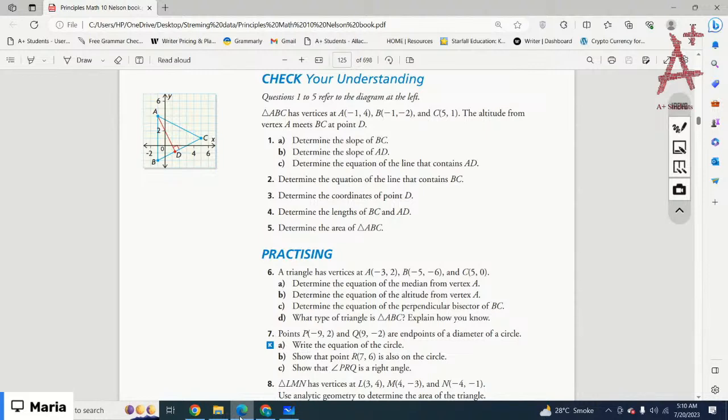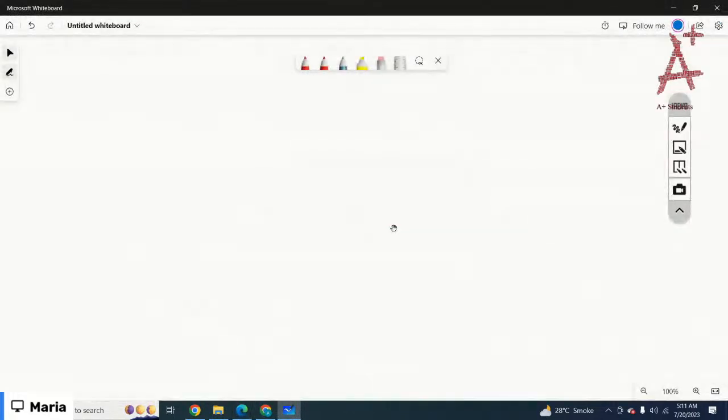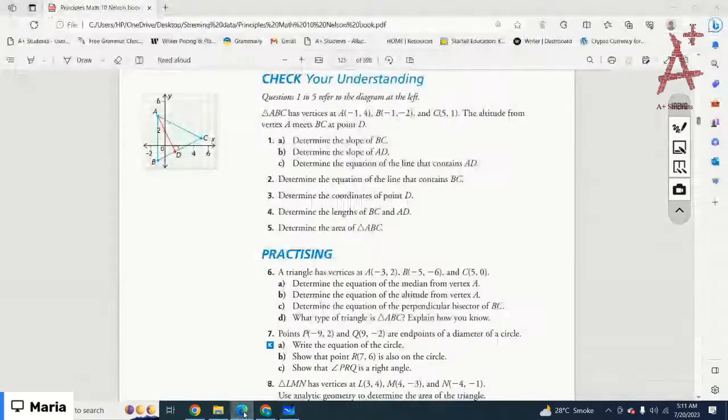Determine the equation of the median from vertex A. So when you draw the median from vertex A, it would go to line BC. So first we have to calculate the midpoint of BC. B is (-5, -6), and C is (5, 0).